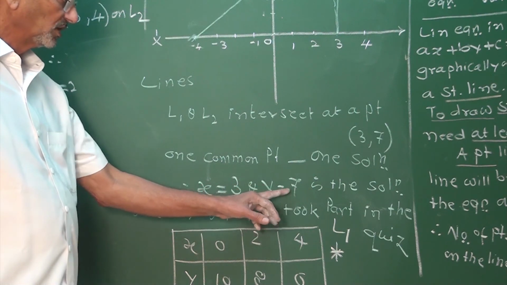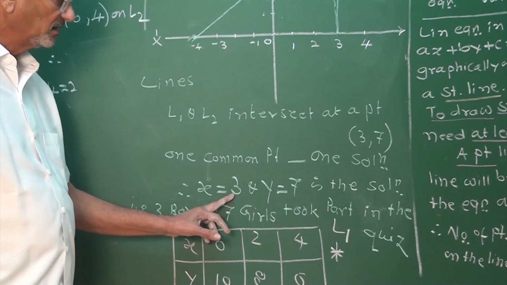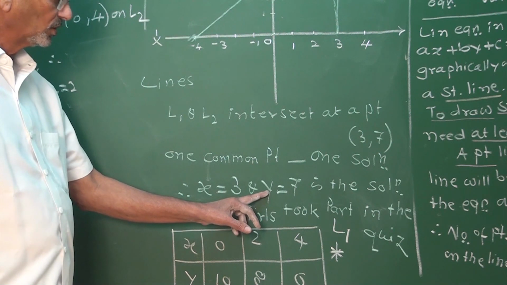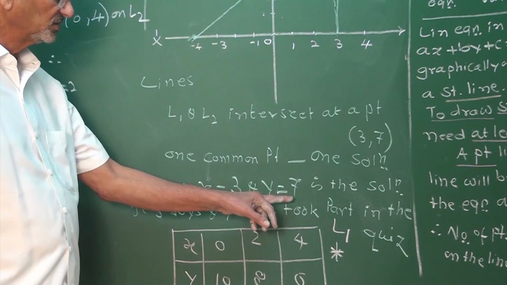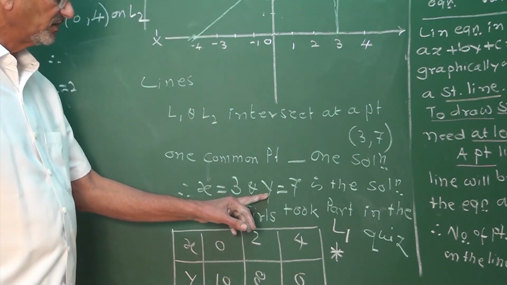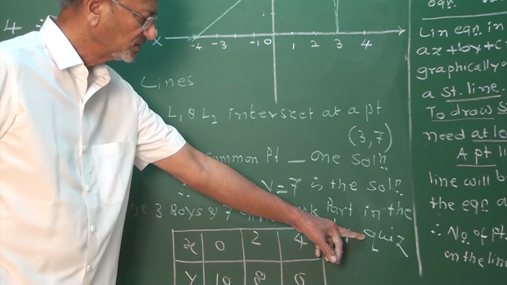What is the total number of students? 3 plus 7 is 10. The number of girls is always 4 more than the boys. Therefore, 3 boys and 7 girls took part in the mathematics quiz.